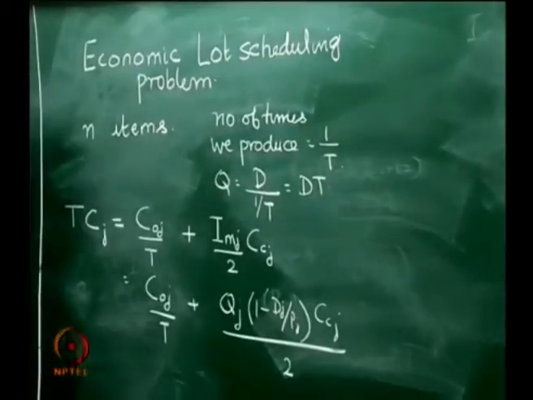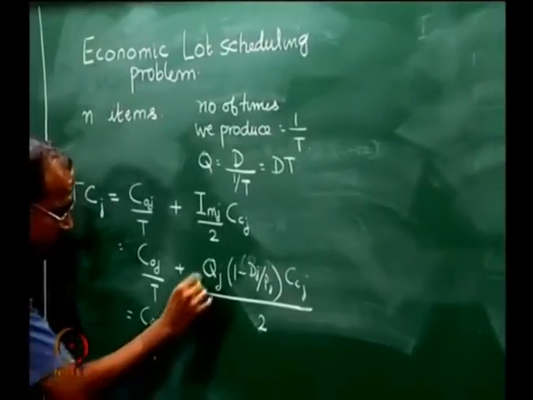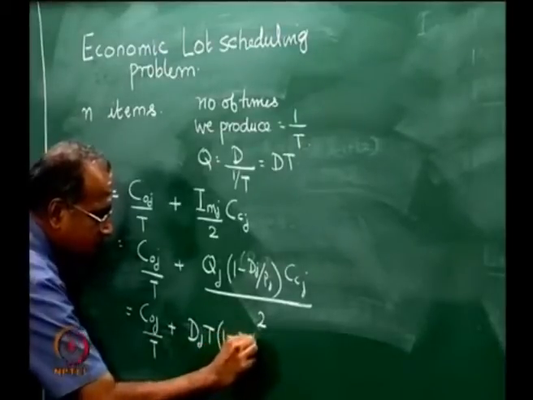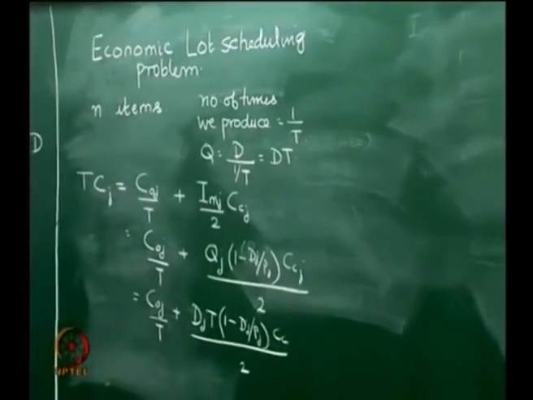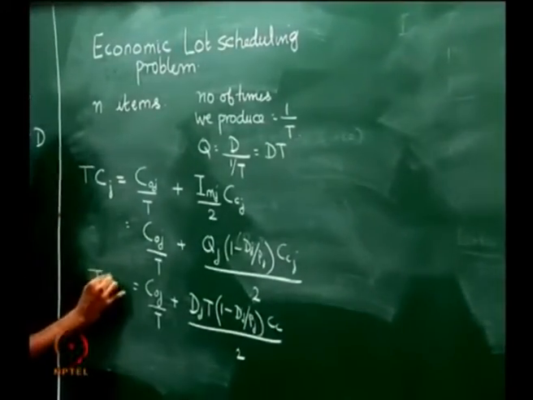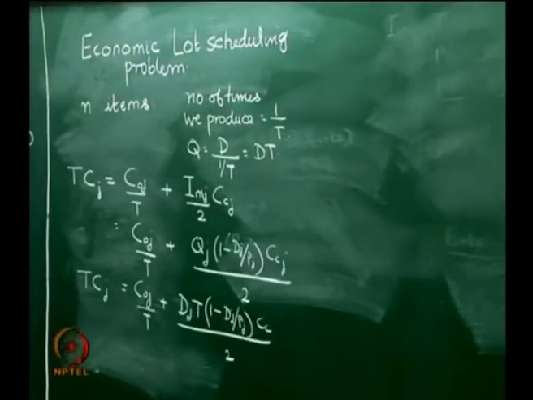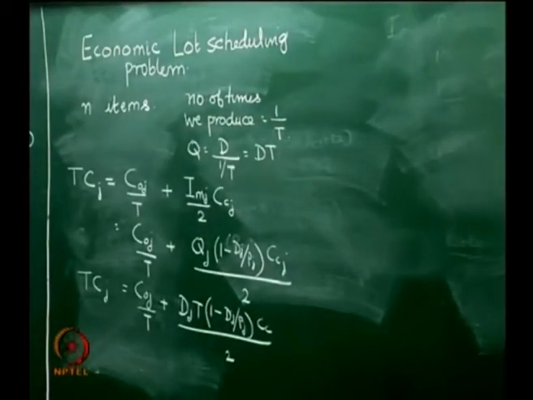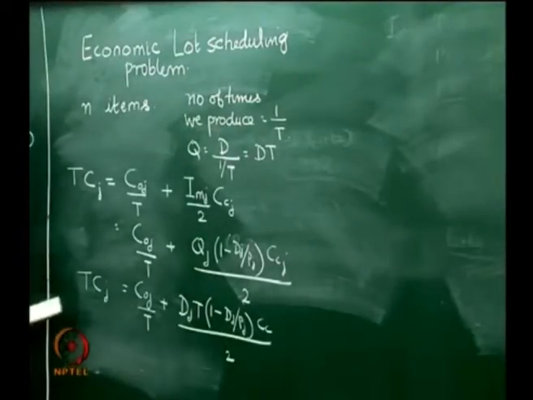And we also know that Q is equal to d T. So, C naught j by T plus Q j is d j T into 1 minus d j by P j into CC divided by 2. This is your TC j for all these items. So, C naught j by T plus CC j d j T into 1 minus d j by P j divided by 2. This is what we have.